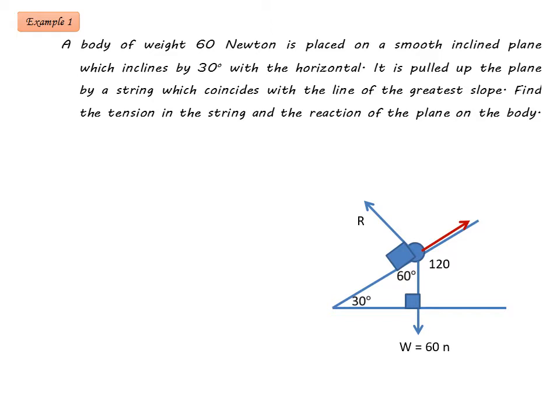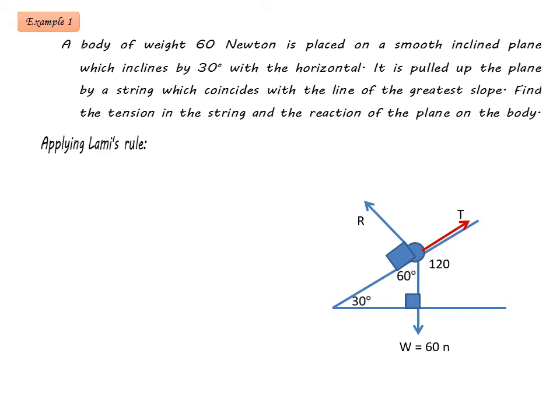Now we have three forces and the body, of course, is in equilibrium. So I can apply Lami's rule. First, find the angles between the forces. The angle between the weight and the reaction, of course, will be 90. So we have first weight over the sine of the angle between R and F, which is 90.